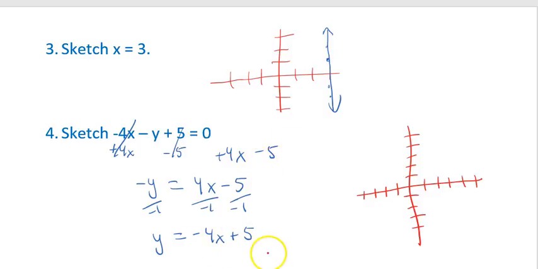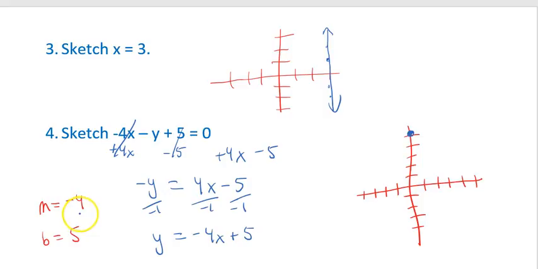When I get to this point, again, I want to make note, my slope is negative 4. My y-intercept is 5. So since I have a y-intercept of 5, I'm going to go up to 5 and put a point.